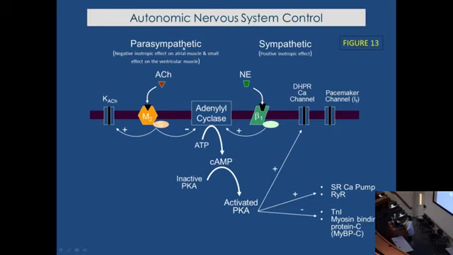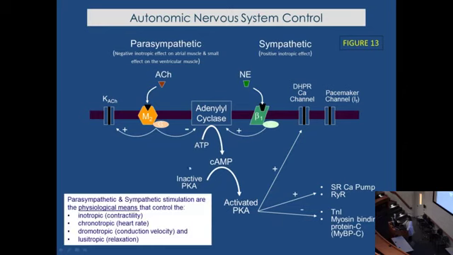On the contrary, parasympathetic stimulation is considered a negative inotropic agent because it acts mainly in the atrial muscle, to a lesser degree in the ventricular muscle, by inhibiting this cascade that you obtain with sympathetic stimulation.